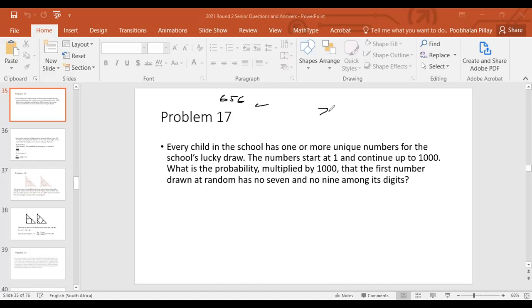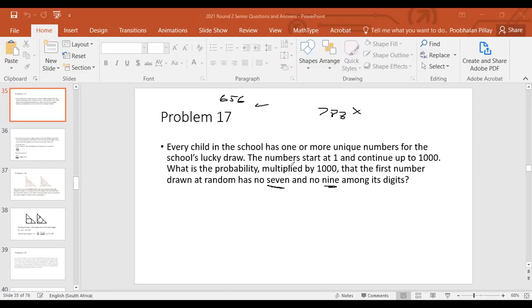But if you pick out 788, we disallow that. So we take out all those numbers from 1 to 1,000 which have got either a 7 or a 9. It's got no 9s, no 7s, right? So we remove those numbers.